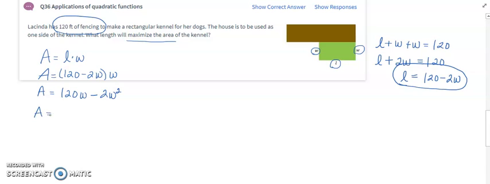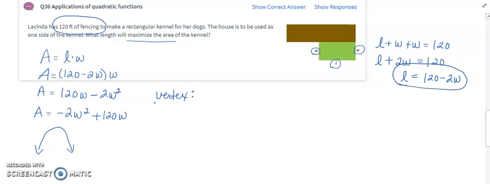If I write this in standard form, this is a quadratic function: negative 2W squared plus 120W. Because the coefficient of the square term is negative, we know the function is a parabola that opens downward. And so we know that there's a maximum area at the vertex. So we need to find the vertex of this quadratic function.